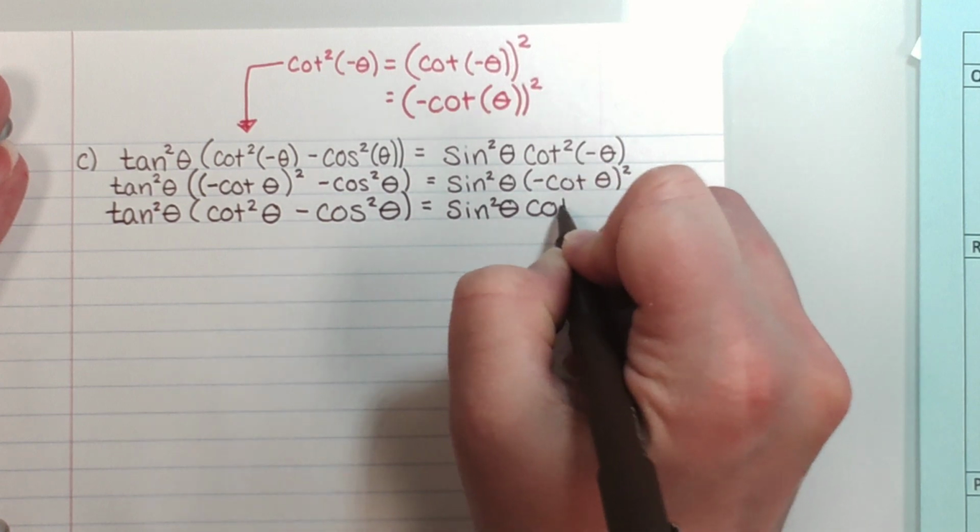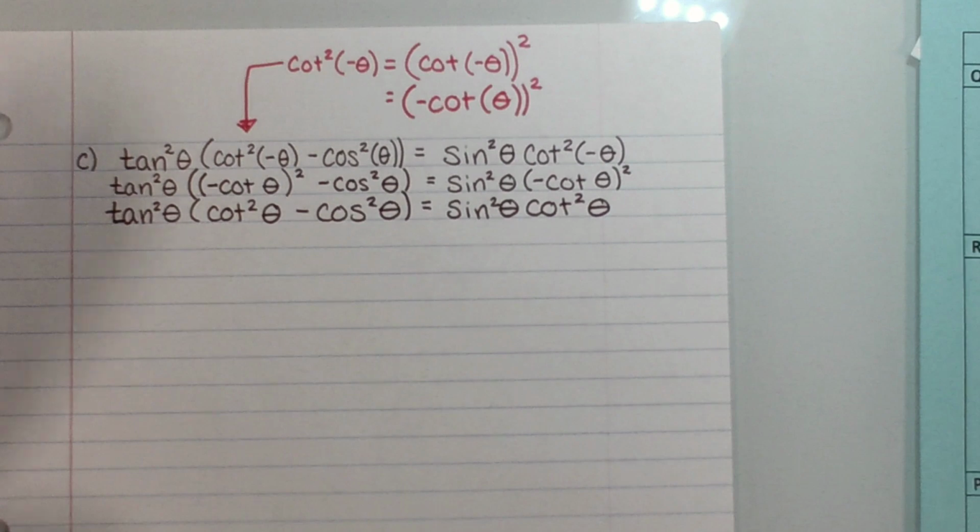That's a positive cotangent squared theta. I still have parentheses. How do I deal with the parentheses on this side now? Distribute.